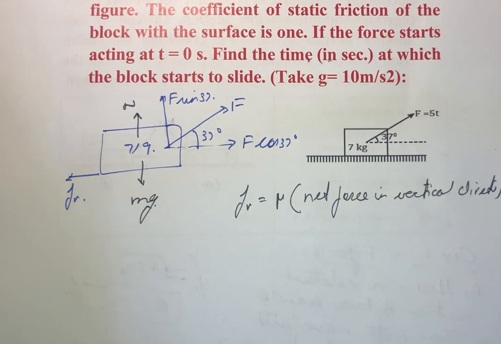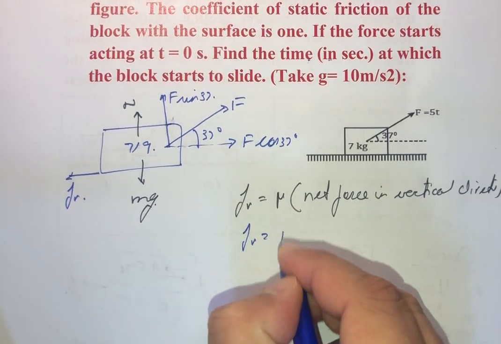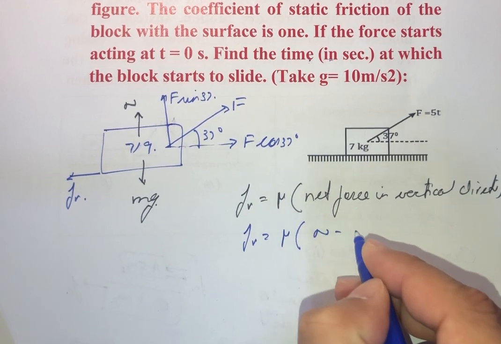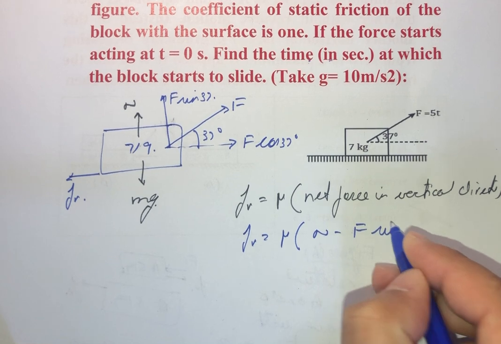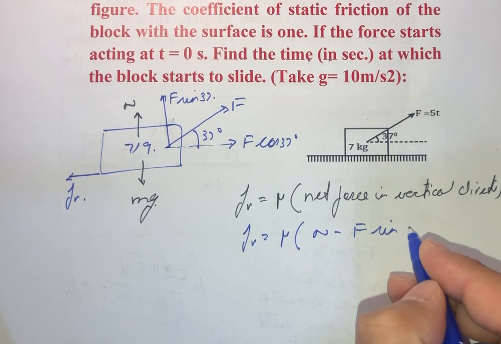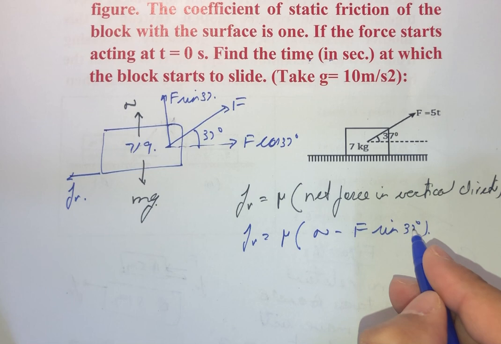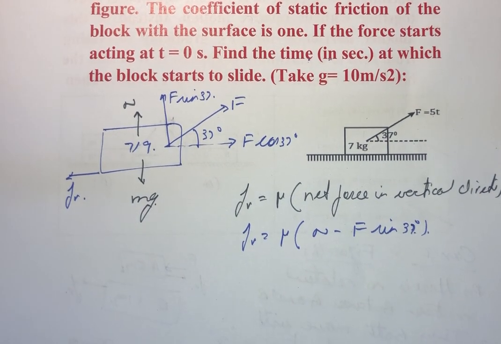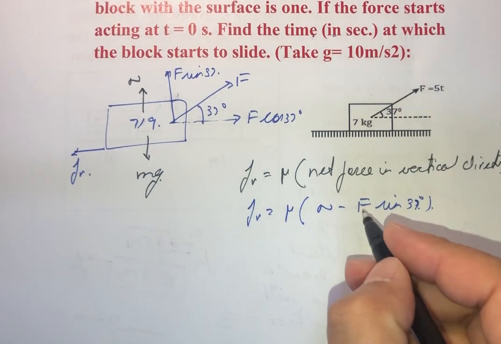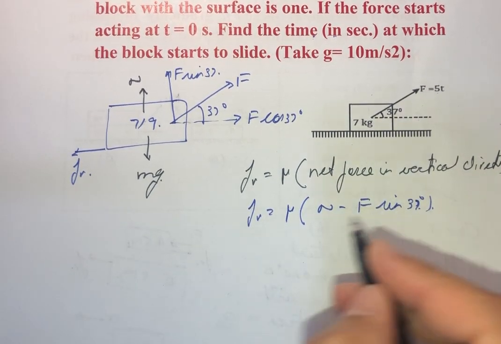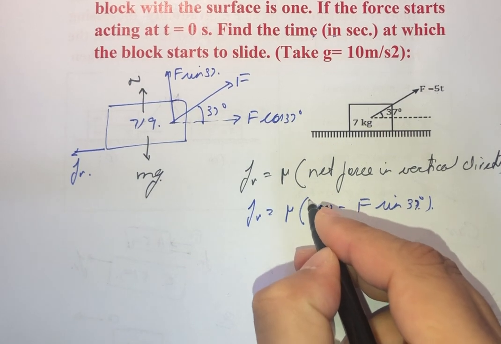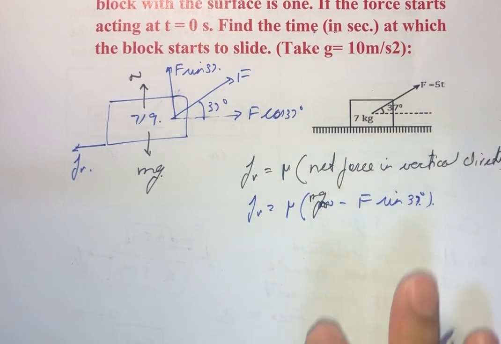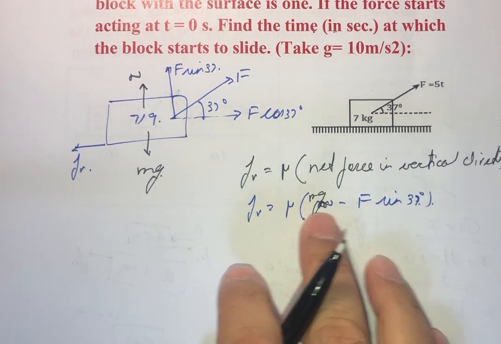So this can be written as Fr equal to mu into N minus F sine of 37 degrees. Sorry, not N but mg, my mistake. This will be mu into N, that is the net force. So that N will be equal to mg minus F sine of theta.